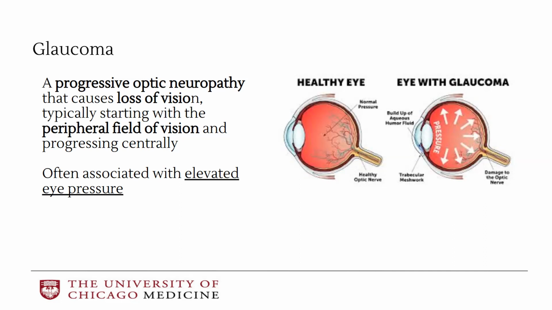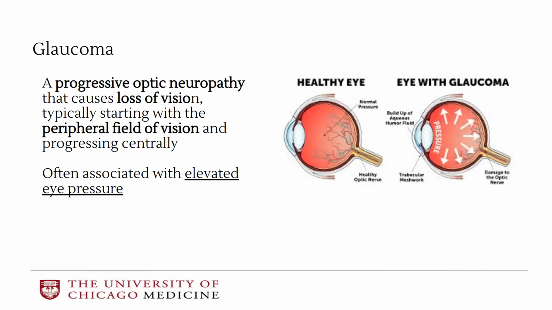It's way in the back of the eye. If you recall the picture of the retina that we were looking at with macular degeneration, there's a round object. That was the optic nerve. So the optic nerve is where all the signals from the retina, the picture that's created by all the light signals coming in, all converge and come into the optic nerve, and then that signal travels to the brain.